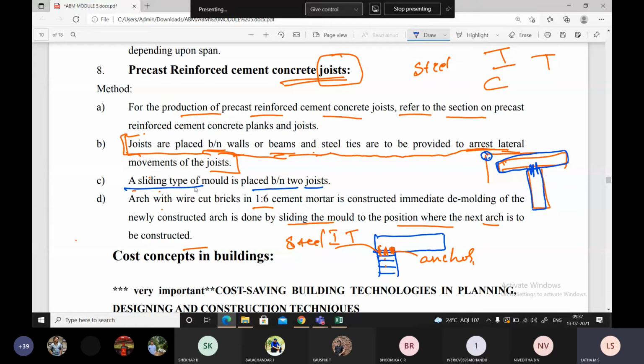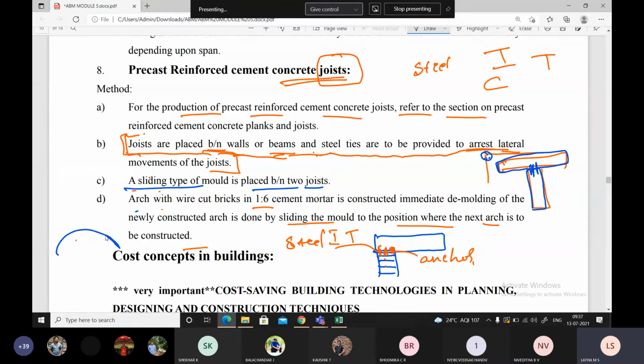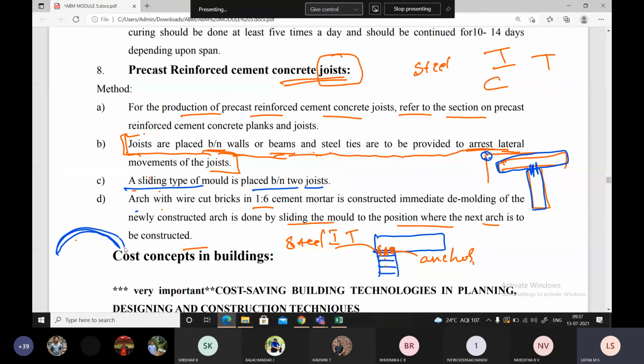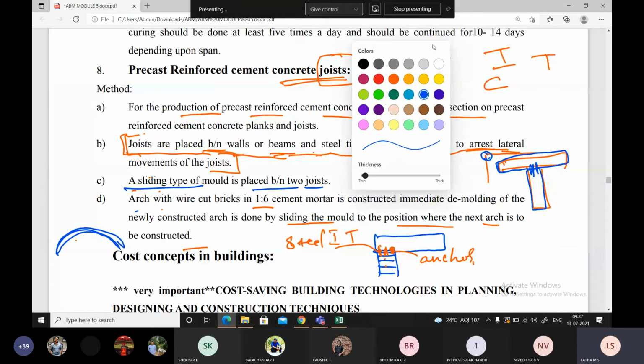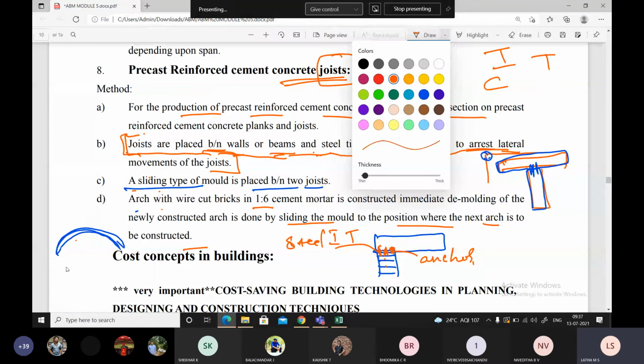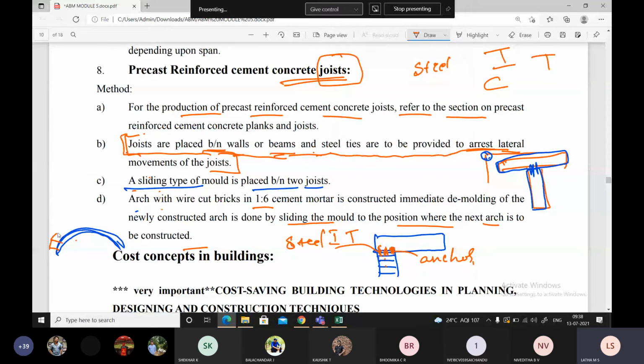For example, if you are constructing an arch, think of an arch. You're constructing an arch with wire cut brick. You remember arch construction, students? Dome construction, you remember? Right? Similarly, the mason will start constructing in a shape. He'll have a mold like this, and he'll start placing the bricks one next to the other, with 1:6 cement mortar.